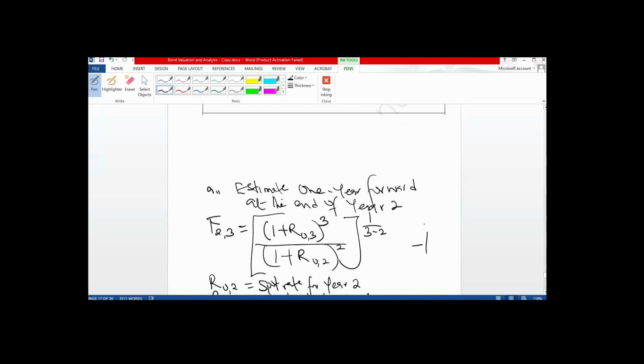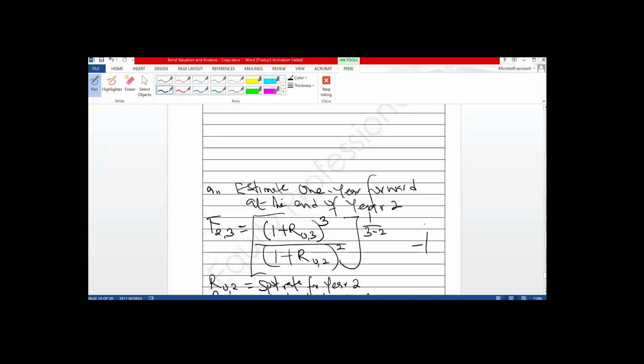I need to calculate spot rate for year 1, year 2, year 3.